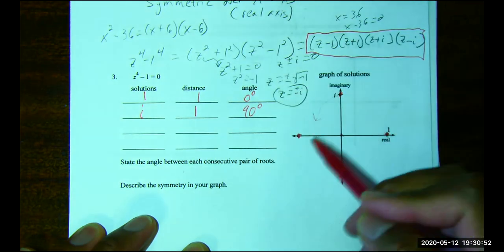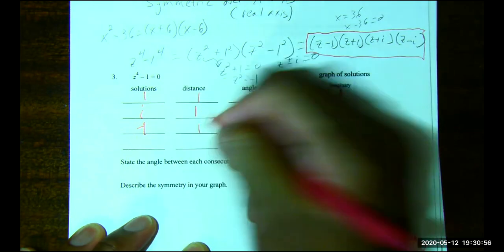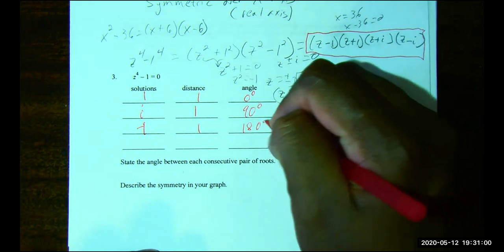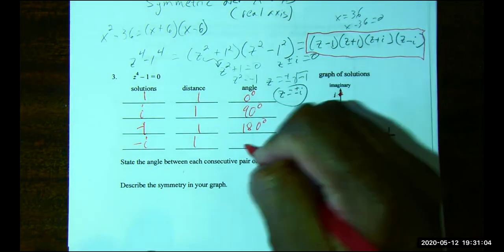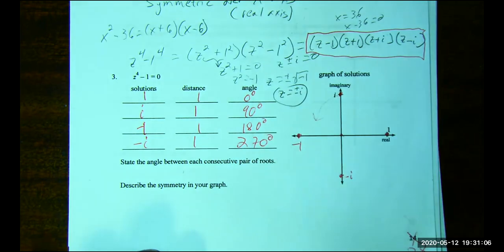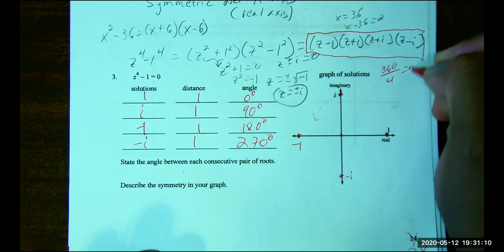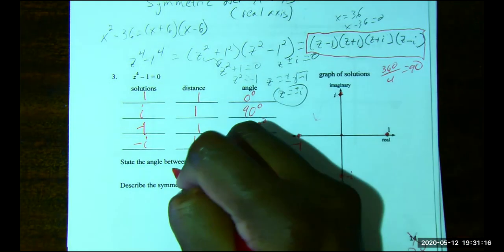Then we're going to negative 1, still distance 1, 180 degrees. And then we're going to do negative i, distance still 1, 270 degrees. Again, 360 divided by 4 solutions equals 90, so it broke it up into 90. And those are the values from our unit circle and such.